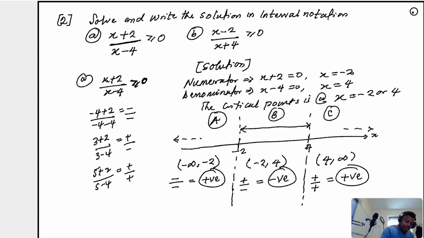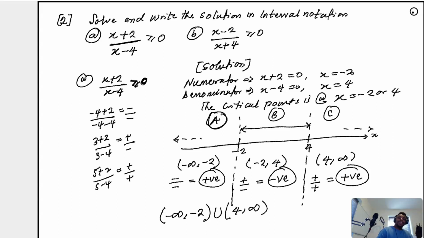Greater than or equals to, that is rule 1. It simply means the quotient must be positive. And what is giving us positive here? A and C. So that is minus infinity to minus 2 union 4 comma infinity. Now, that is step 4.